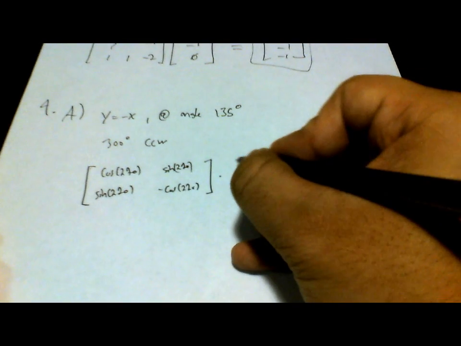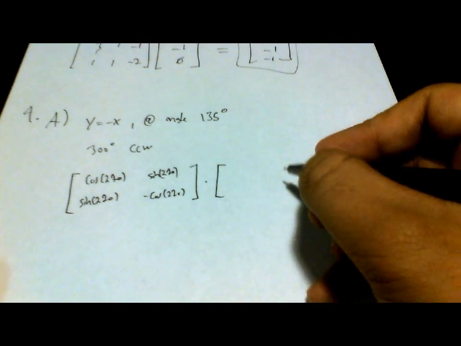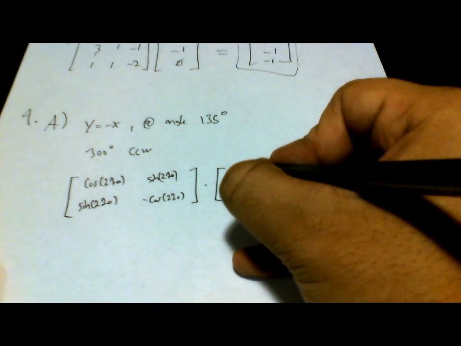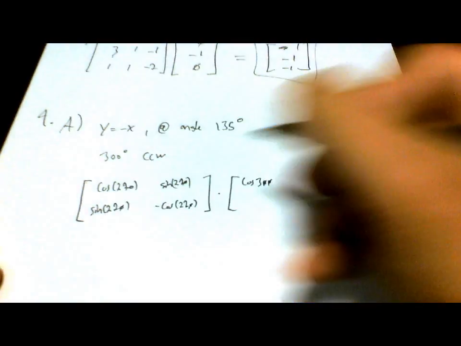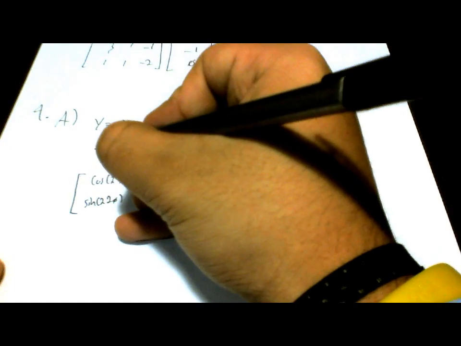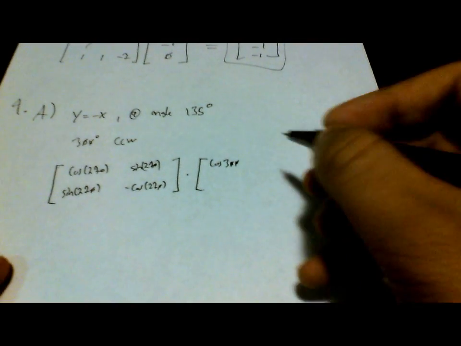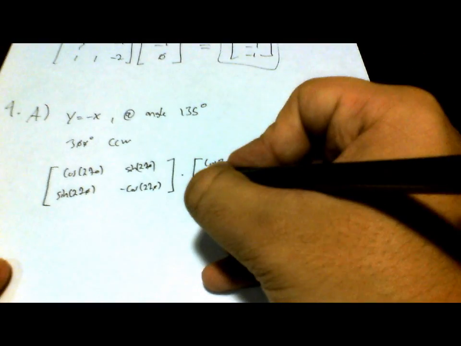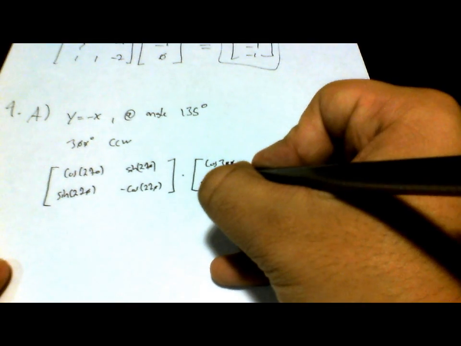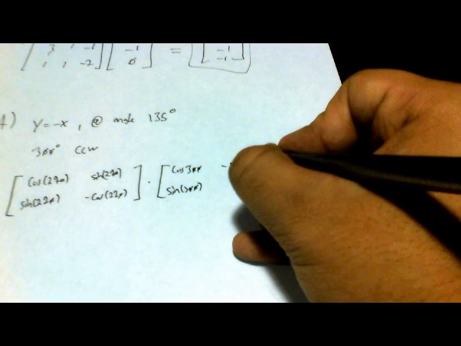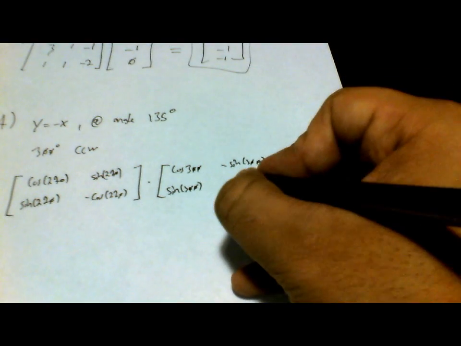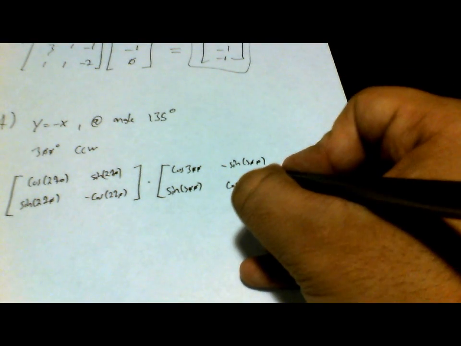This is going to be times the rotation matrix, and I'm going to use 300 degrees: cos 300, negative sine 300, sine 300 and cos 300. I'm trying to do this a bit fast here because last time I ran out of time.